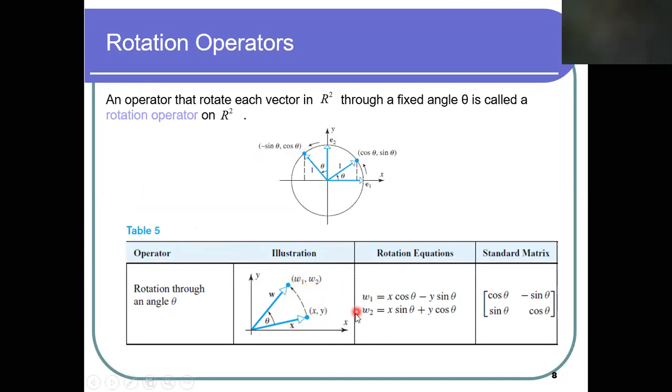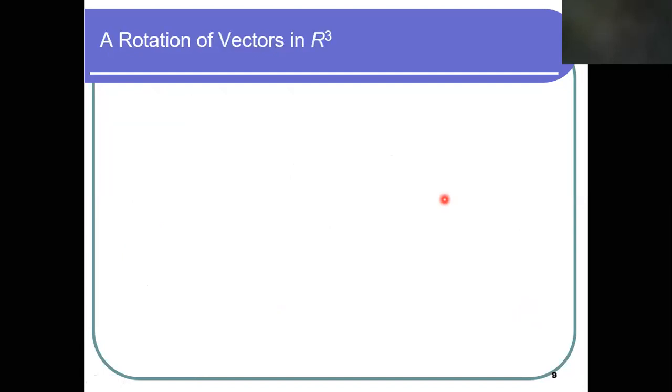In that case, w1 is x cos theta minus y sine theta, and w2 is x sine theta plus y cos theta. The matrix of transformation is cos theta, minus sine theta, and sine theta, cos theta. So these are rotation operators about the origin with the angle theta.